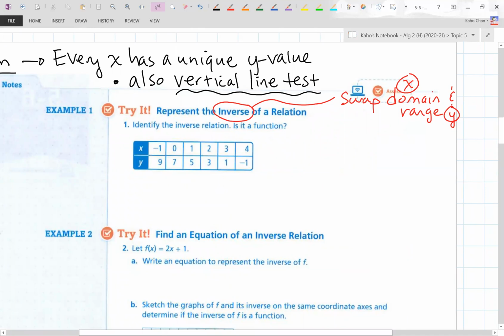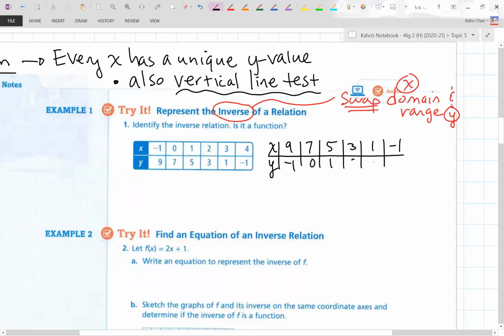For every x value, there's a unique y value. Identify the inverse relation. So what we're going to do is swap the x's and the y's in this table. There are 6 pairs of numbers, fine. I'm just going to go ahead and swap the x's and the y's. Here we go. There's my inverse.